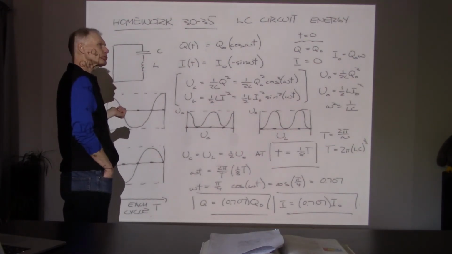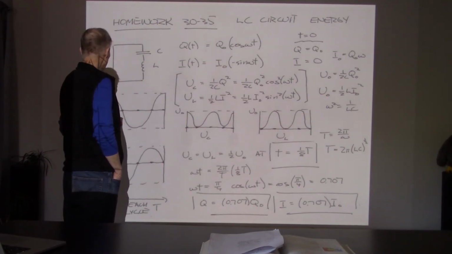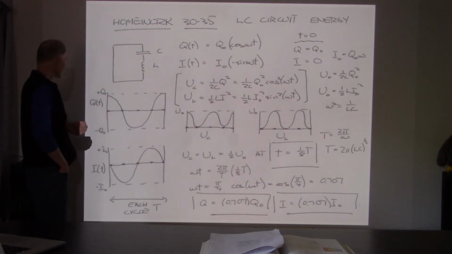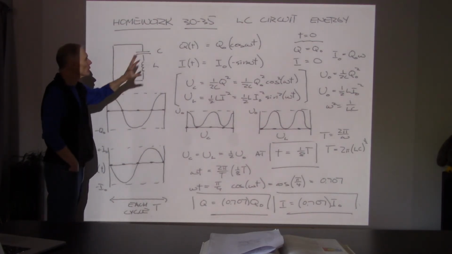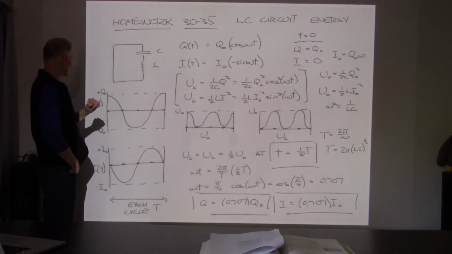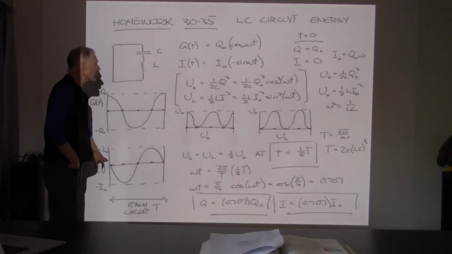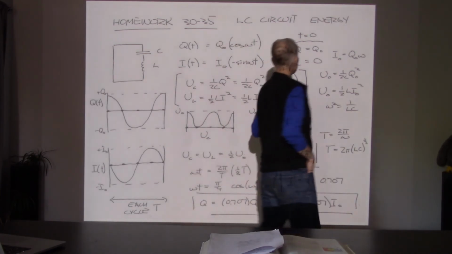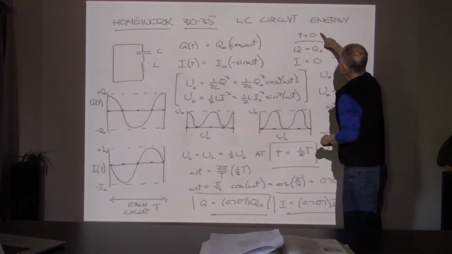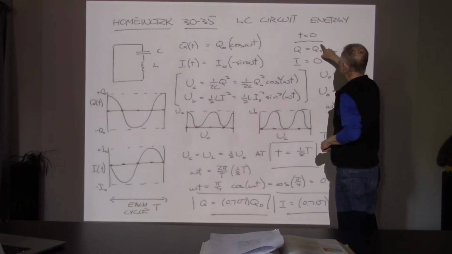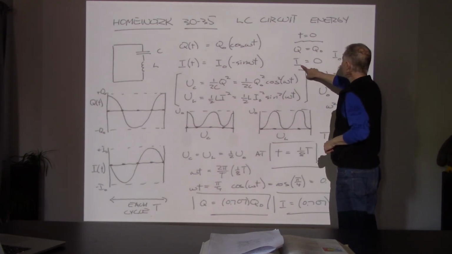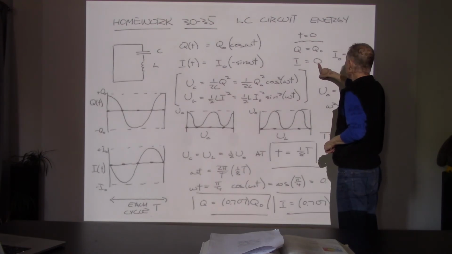If we look at each cycle, we've chosen a cosine function for the charge, and that means a negative sine function for the current. The reason is that at t equals 0, the charge on the capacitor is Q naught, and the current is 0 at that instant.